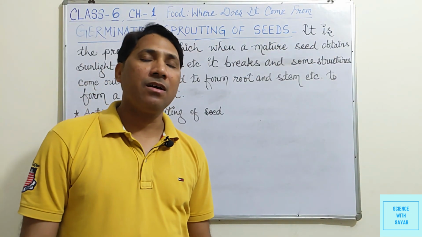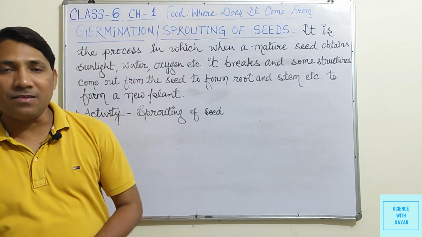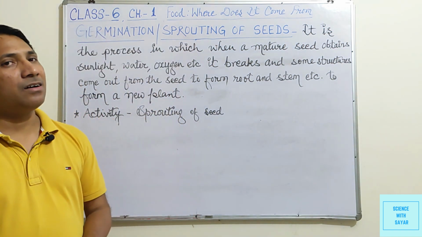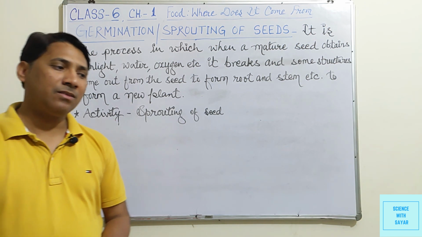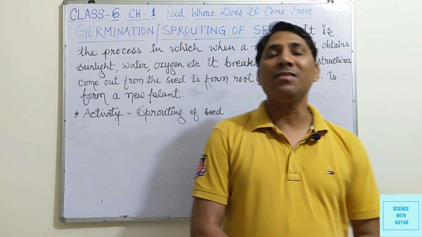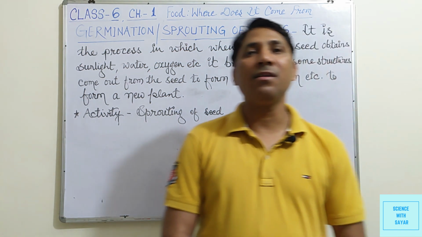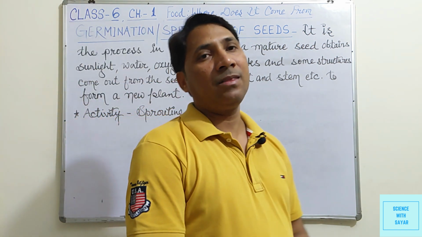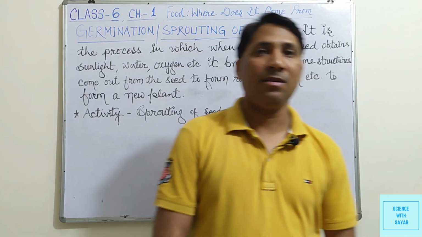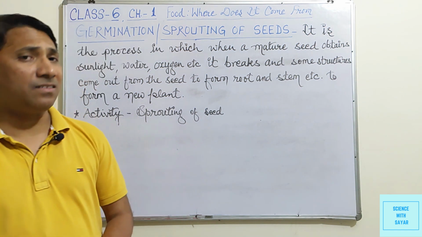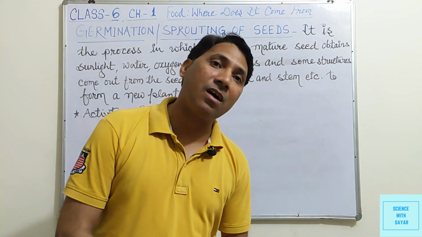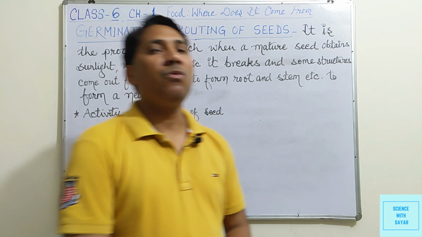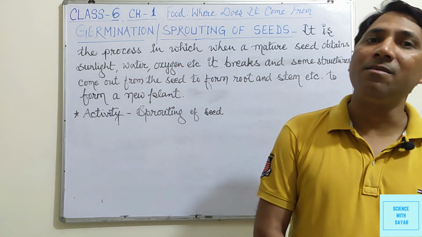germination or sprouting of a seed. This is a process in which, when a mature and healthy seed gets sunlight, water, oxygen, etc., the seed swells up and breaks, and some whitish or greenish structures come out from the seed to form the roots and stem part of a plant.